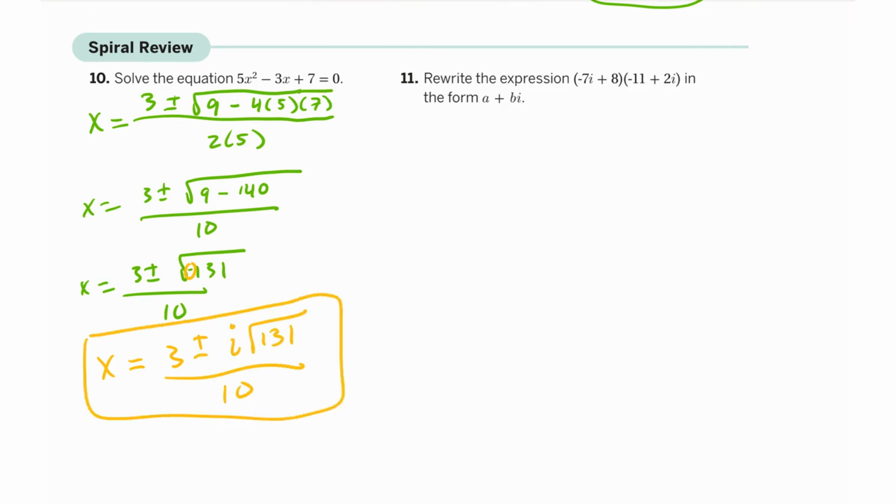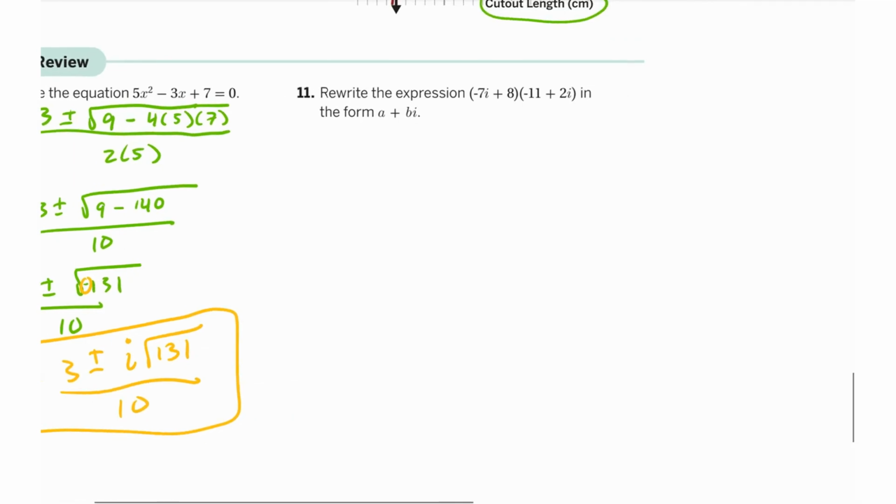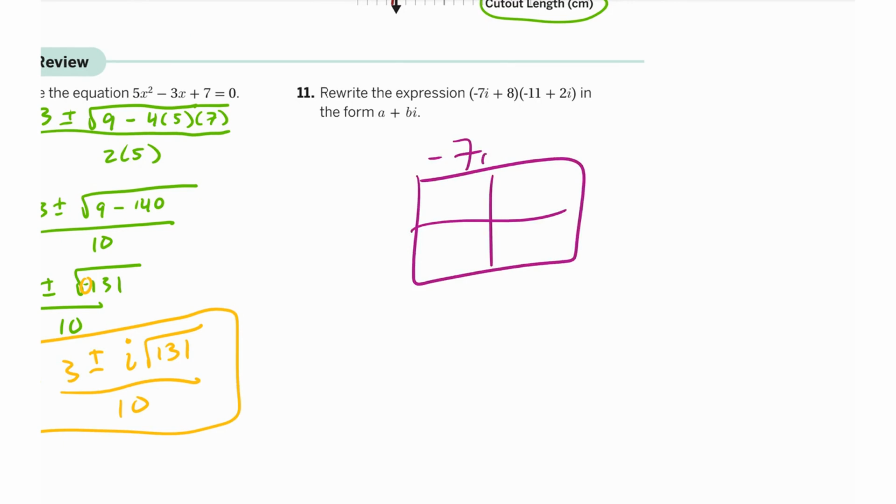Number 11, rewrite the expression in the form a plus bi. So in this one, I'm going to use my trusty box. Negative 7i plus 8, negative 11 plus 2i. And I start multiplying this out. This becomes positive 77i, negative 88, negative 14i squared, and 16i.